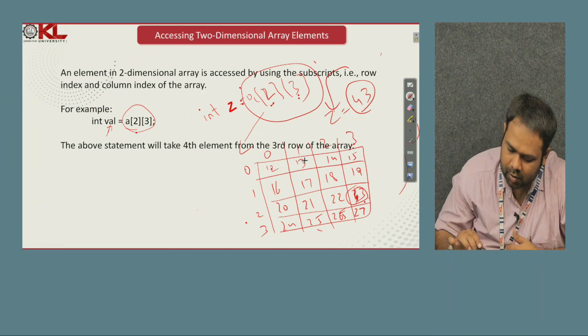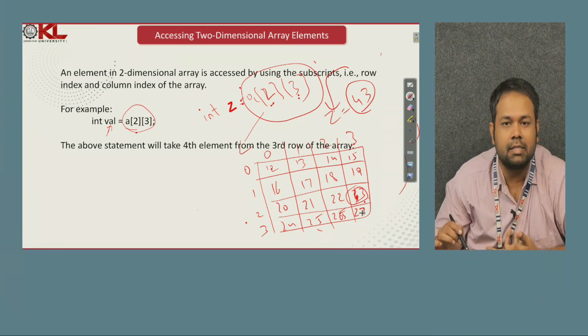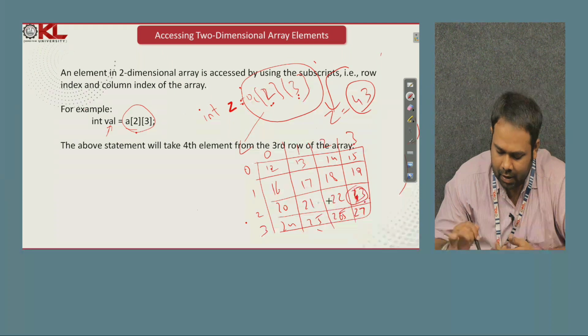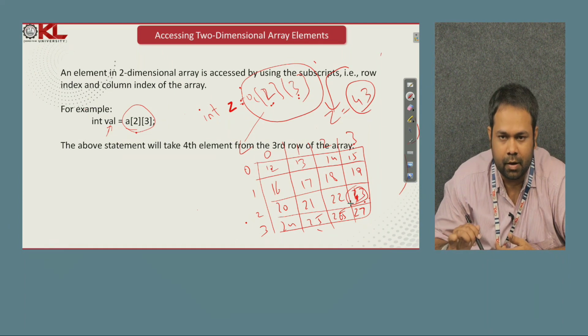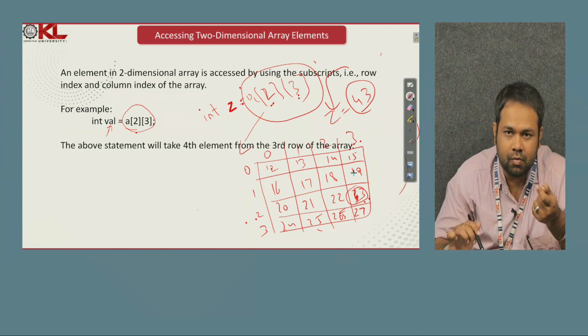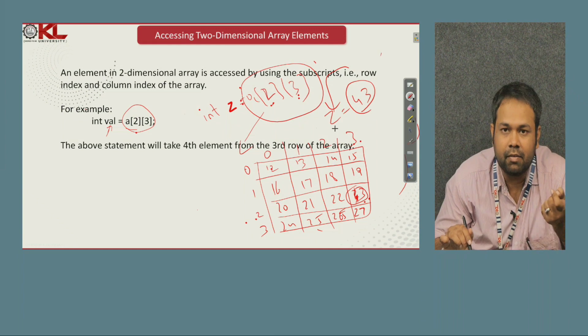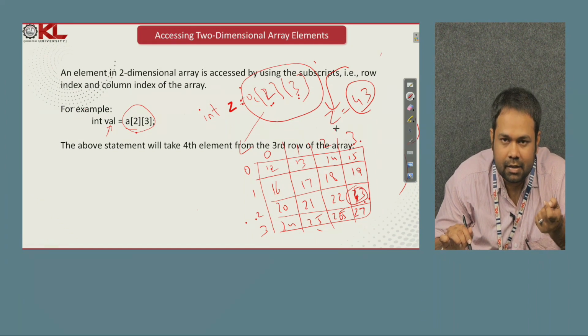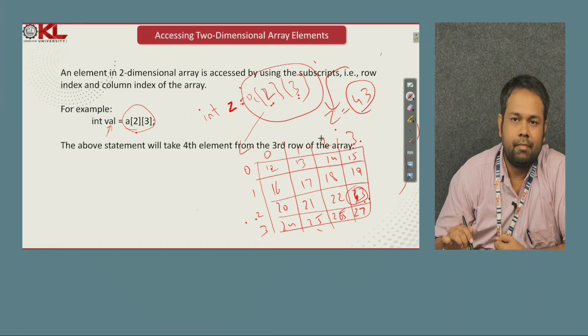So each memory slot holds a group of integer values in two-dimensional array format. So second row, third column, what is there? 43 value, the single 43 value can be assigned to the single integer variable Z. That 43 is assigned here.